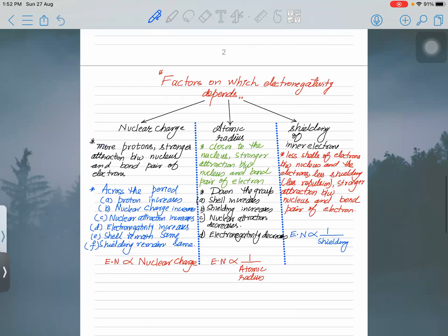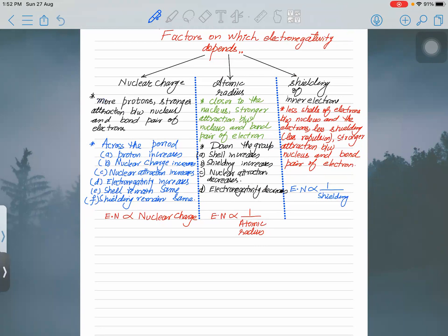Yes. Okay. Now I am finding a few questions on electronegativity from the past paper. I think 2015. Name and describe the type of bonding between particles with equal electronegativity.